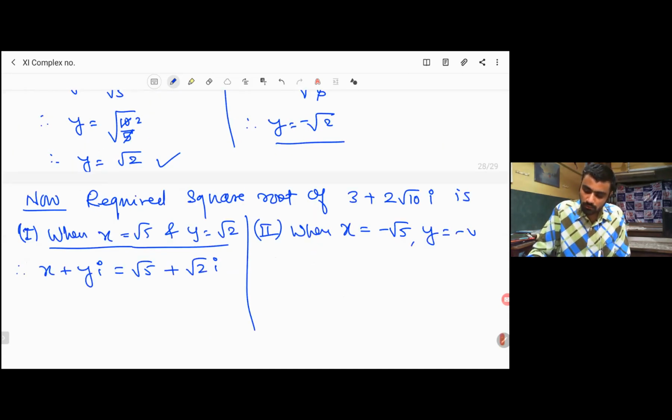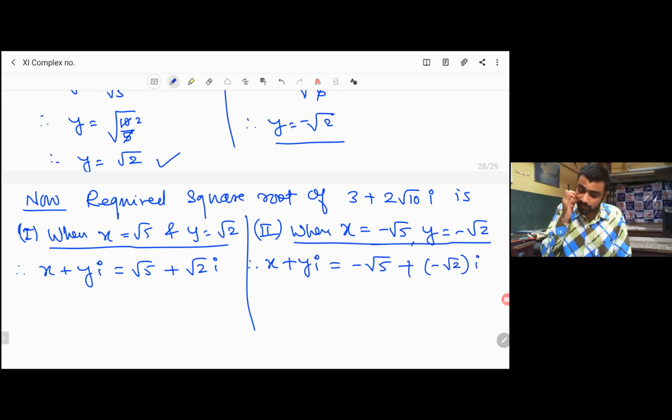In this situation what is our square root? That is x plus yi will become minus √5 plus minus √2i. So in the middle this becomes minus, or you may take minus common, so minus of √5 plus √2i.